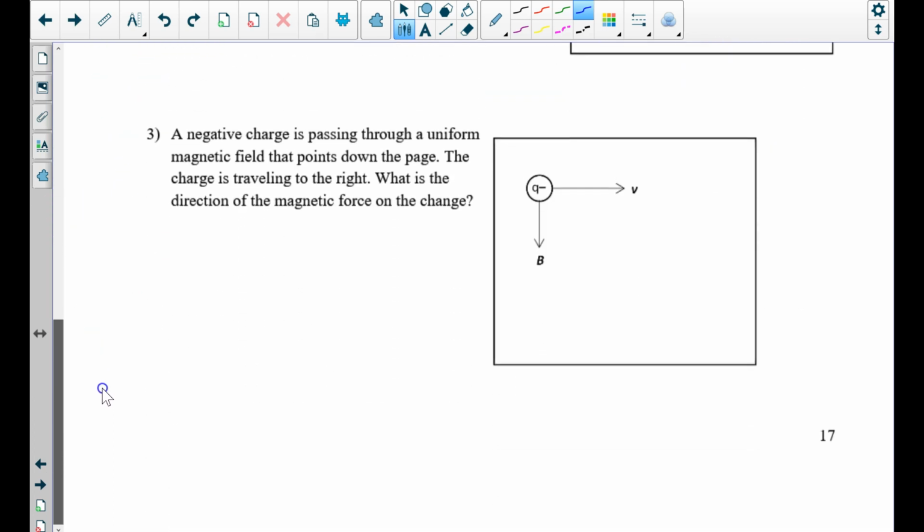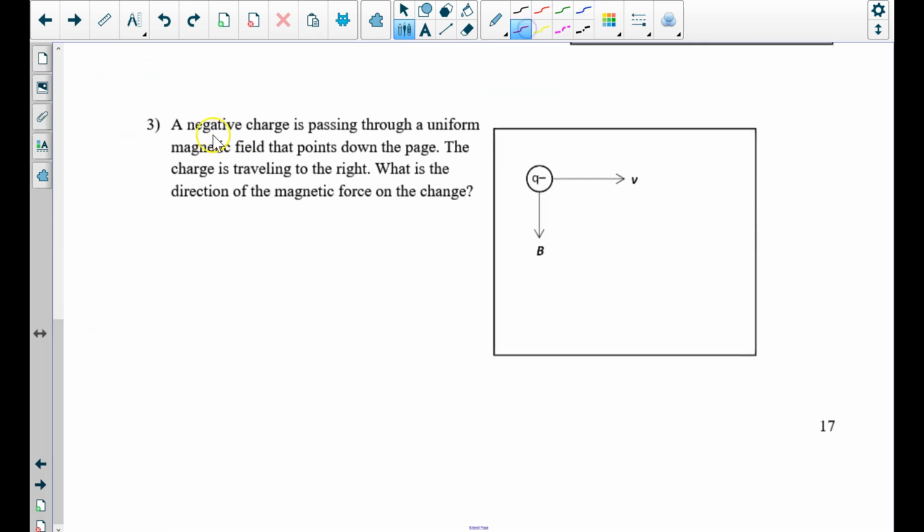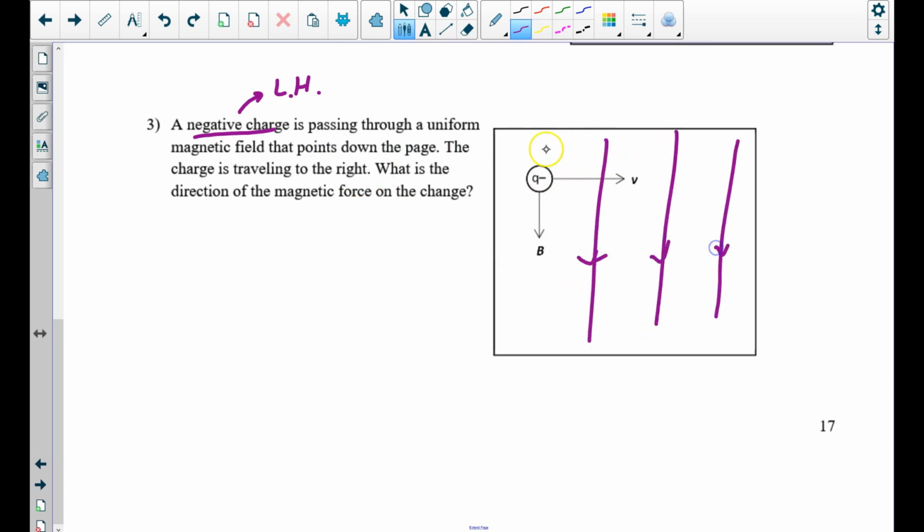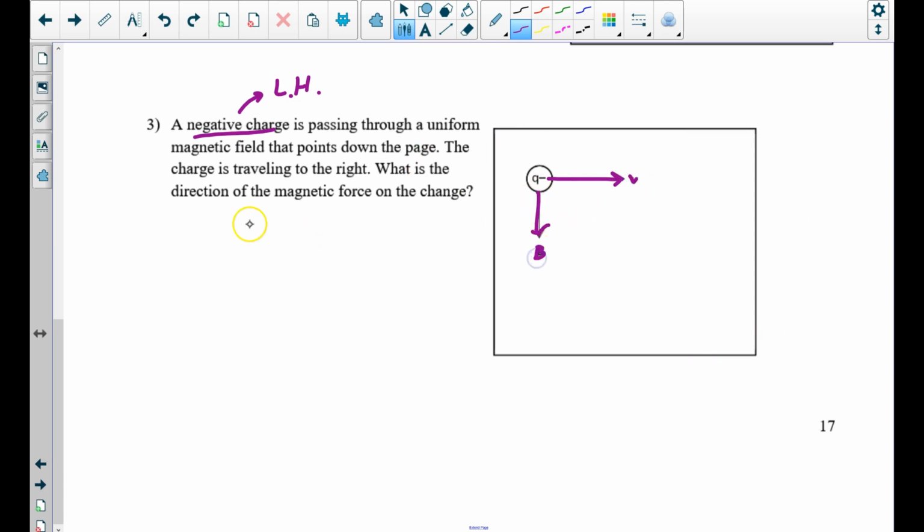Let's try number 3. A negative charge, so use your left hand, is passing through a uniform magnetic field that points down the page. So there are field lines pointing down. Okay? The charge is traveling to the right. We have to find the direction of the magnetic force.